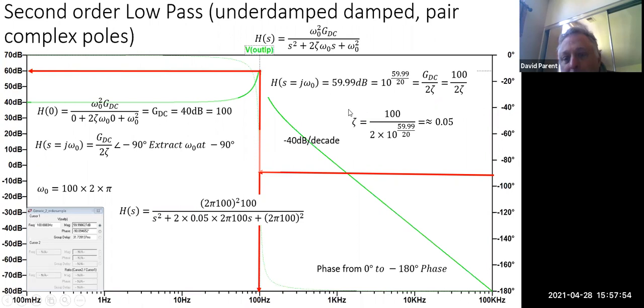And so when I solve for zeta, I get 0.05, which is kind of obvious. Now, when zeta equals 0.707, you don't really see a peak. In fact, it's minus 3 dB. If it was repeated poles, that would be minus 6 dB. But with the Butterworth condition, omega naught always occurs at minus 3 dB.